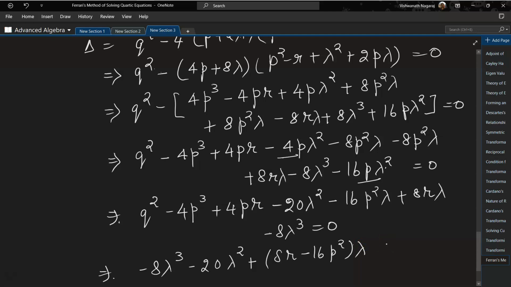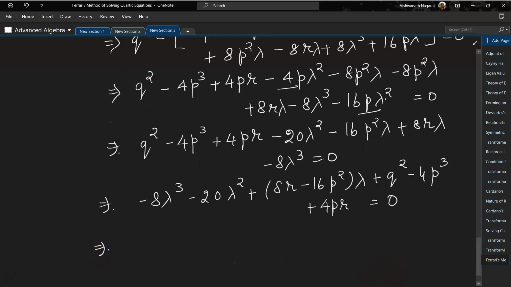Yes. So we have got minus 8 lambda cube minus 20 lambda square. Lambda is done. So now the constant. So we will have plus q square minus 4p cube plus 4pr, and what else? That's all equal to 0.